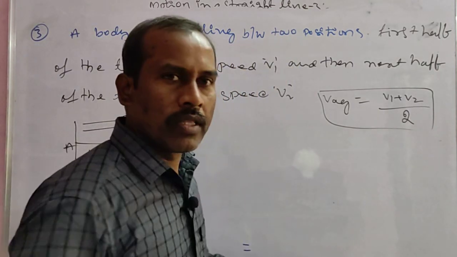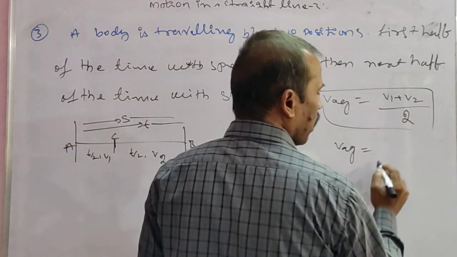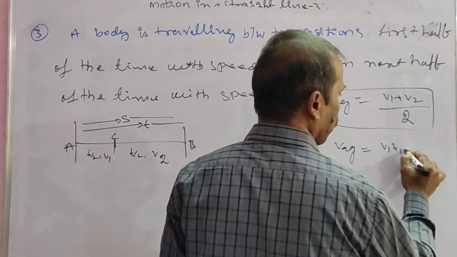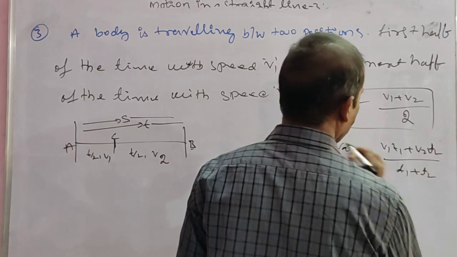From the equations we said earlier, average speed is equal to (v1 t1 + v2 t2)/(t1 + t2).